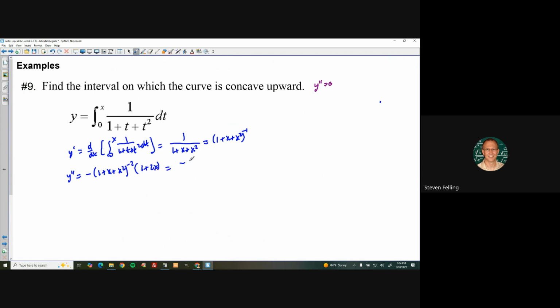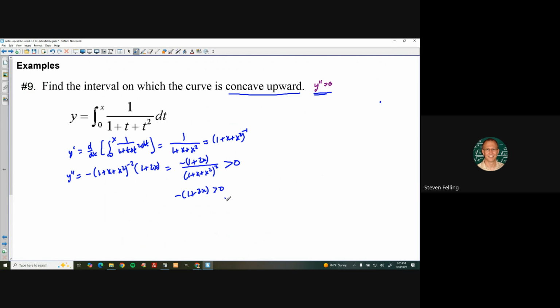So that's negative 2x over (1 plus x squared) squared. Okay, we're interested in finding the interval over where this curve is concave up. So we're interested in where this is greater than 0. Right? So, well, the bottom of this fraction is definitely positive. So for this to be positive, we have to have negative 2x be greater than 0.